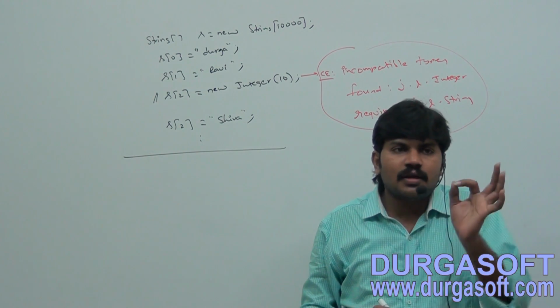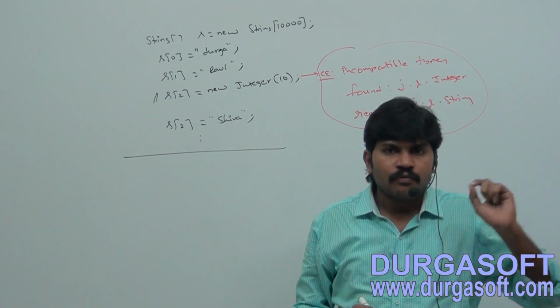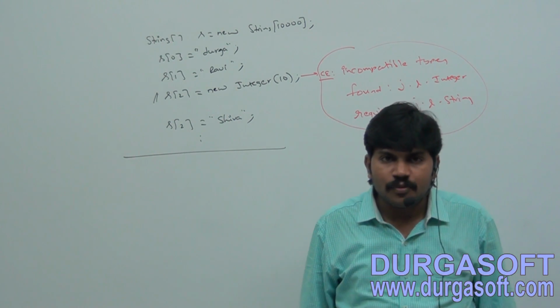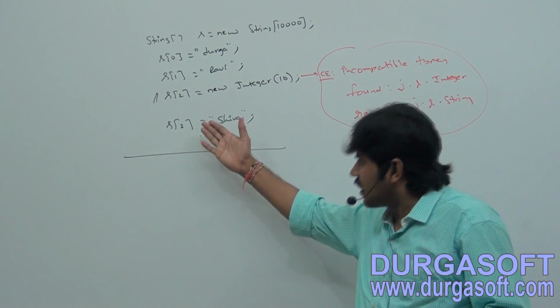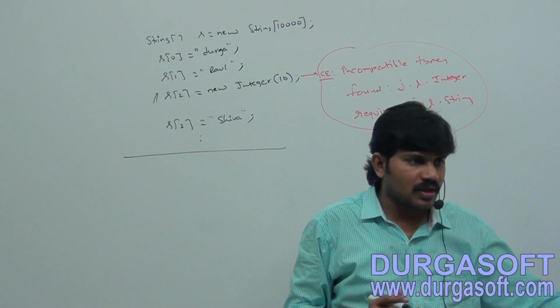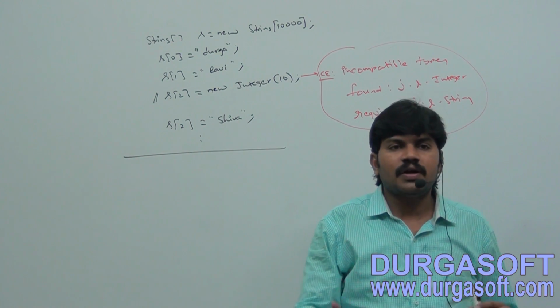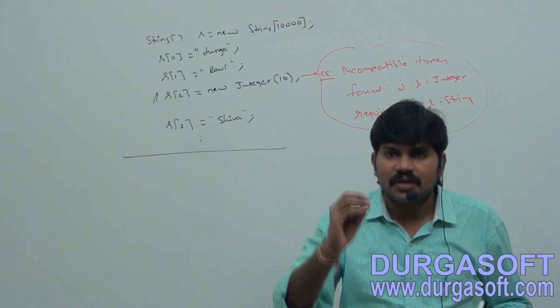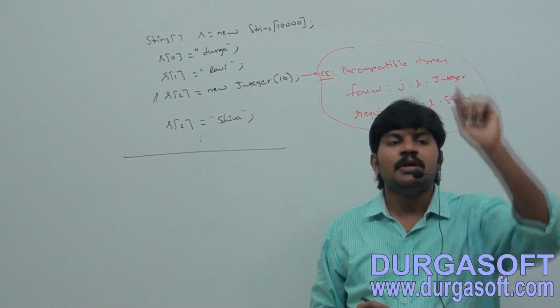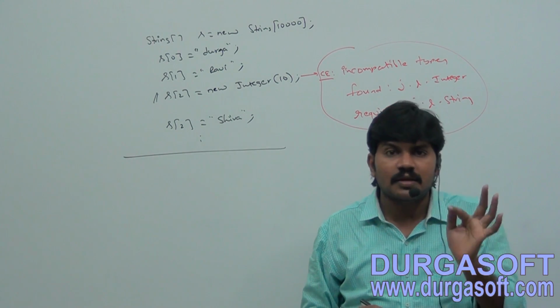So, failing the program at compile time or failing the program at runtime, which one is recommended? Failing the program at compile time, so that I can correct that mistake and hand over proper code to the client. Wherever a particular type of elements are required to store, better to go for the arrays concept, because arrays are type safe.